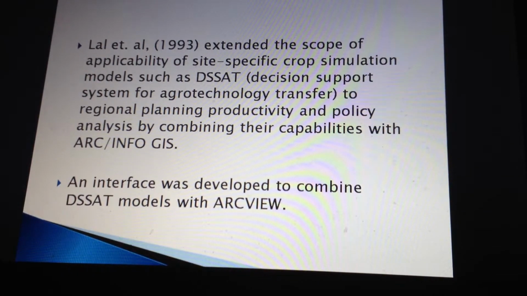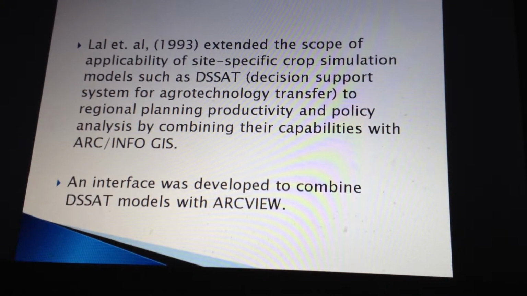Lal 1993 extended the scope of applicability of site-specific crop simulation models such as DSSAT, which is Decision Support System for Agrotechnology Transfer, to regional planning, productivity, and policy analysis by combining their capabilities with ArcInfo GIS.